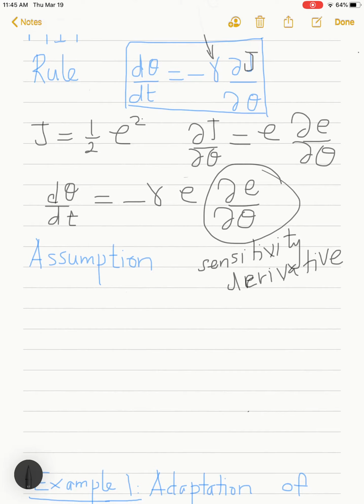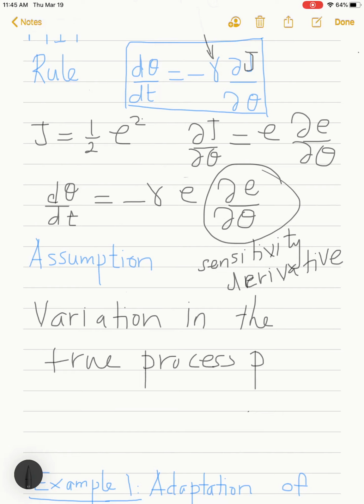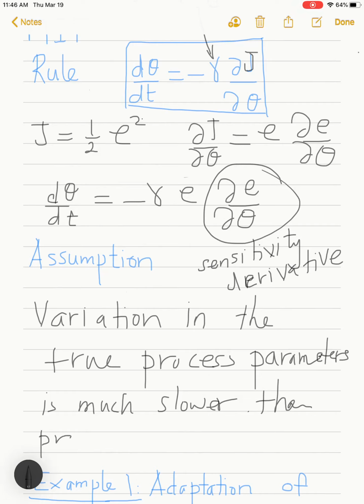The basic assumption in implementing the MIT rule, and maybe most of the adaptive control techniques, is to assume that the variation in the true process parameters is much slower than the process variables.